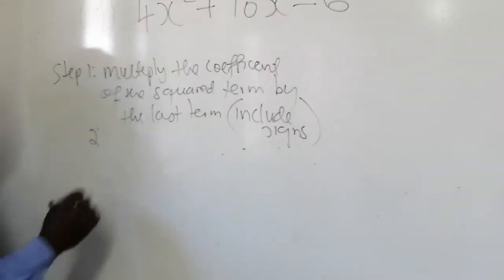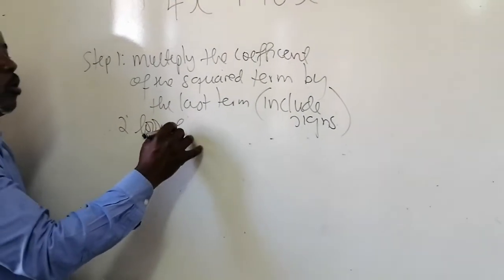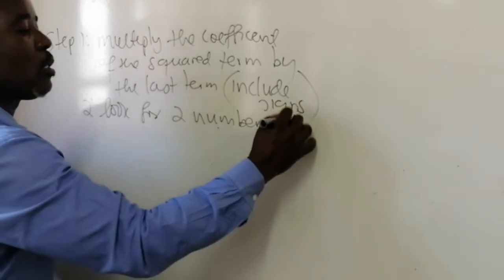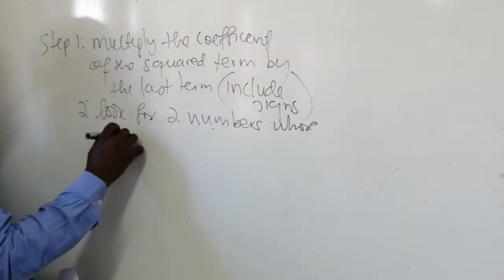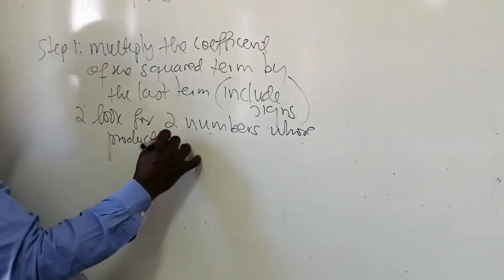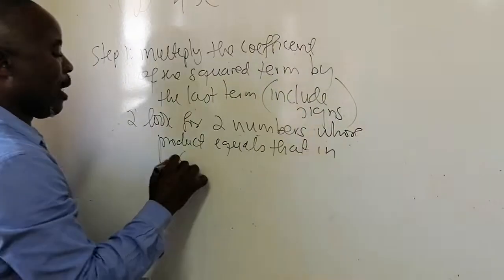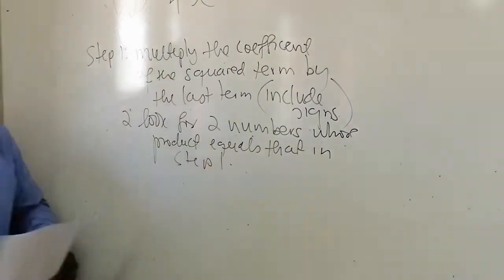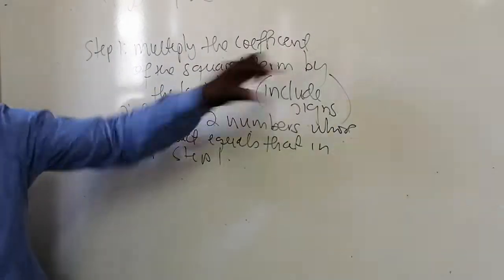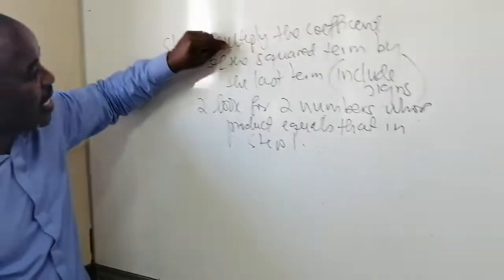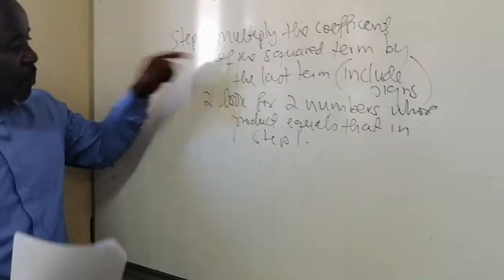And then step number 2, you look for two numbers whose product equals that in step 1. So once you have found the product here, you then look for two numbers whose product is the number that you found in step number 1.